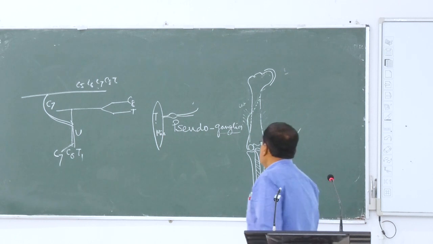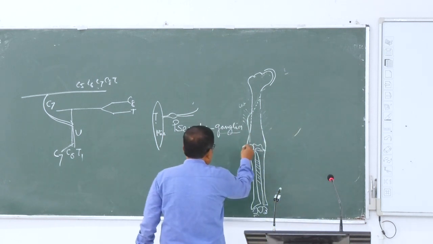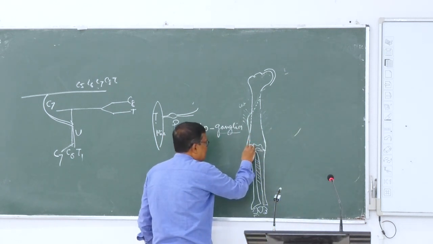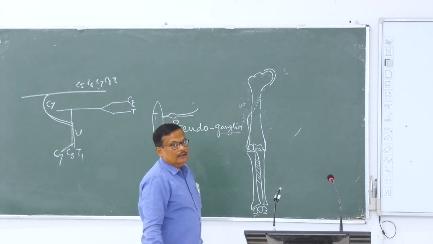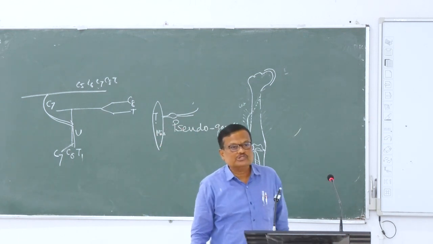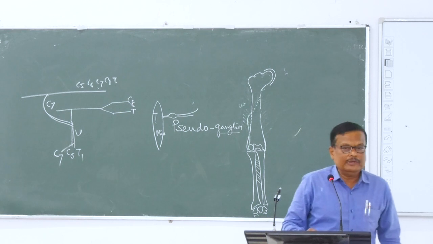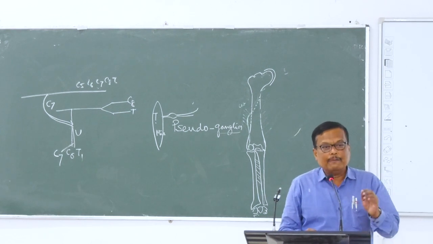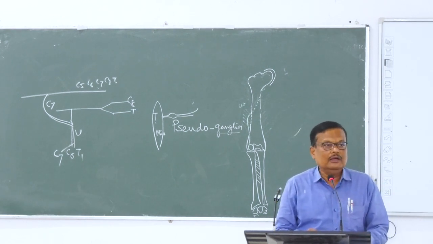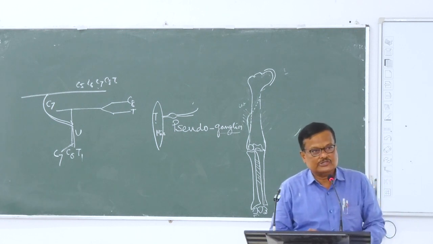Then it descends downward in front of the elbow joint and enters the cubital fossa. In the upper part of the cubital fossa, it divides into two branches.